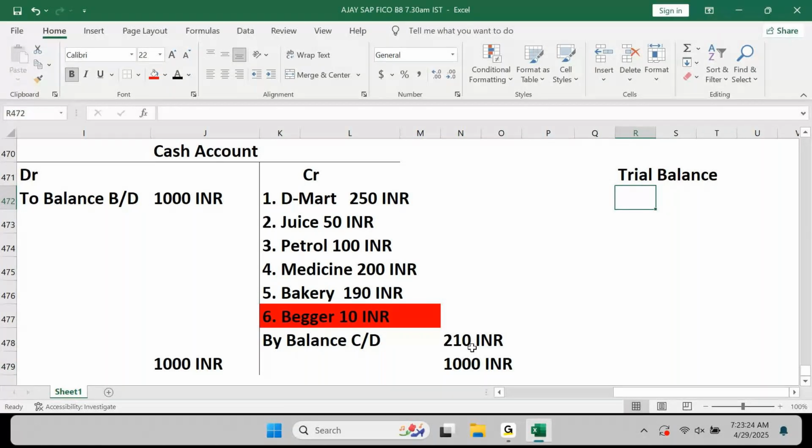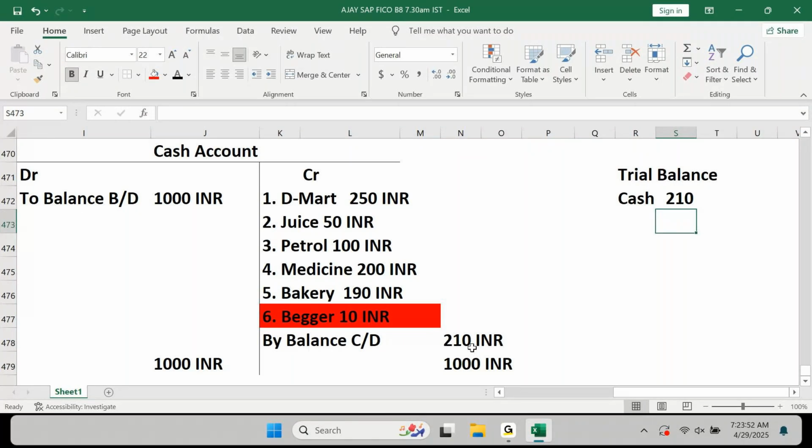Trial balance contains cash complete transaction list or cash opening balance or cash closing balance. What is to be displayed in the trial balance? Closing balance. So what should I take in my TB? Either 200 or 210. Yes. Let's take 210. Same number what we listed, 210.